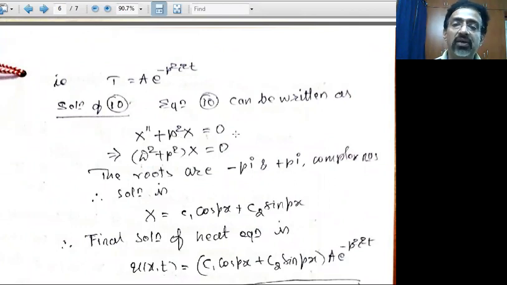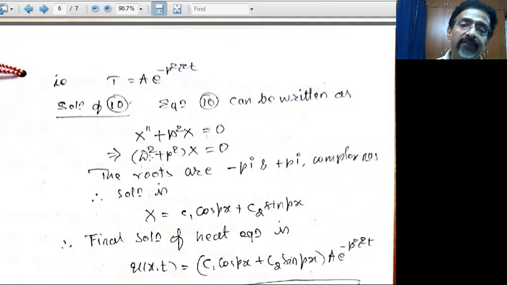Again, the usual. What you have to do? d squared X by dx squared plus p squared X is equal to 0. Put d by dx is equal to capital D, so d squared by dx squared will be capital D squared. So if I substitute those here, I get D squared plus p squared of X is equal to 0.